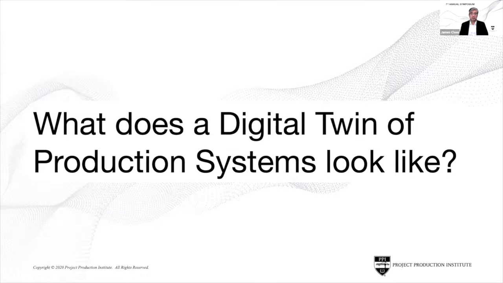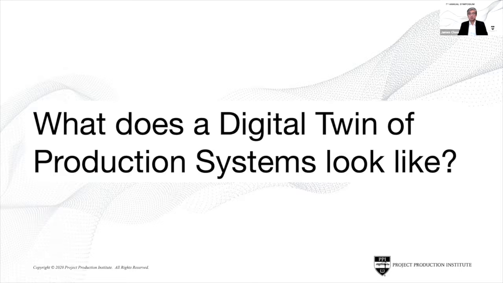This terminology was mentioned a lot today, the digital twin. The digital twin is a system that has to be able to produce the behaviors that you're trying to analyze, understand, or simulate, right?